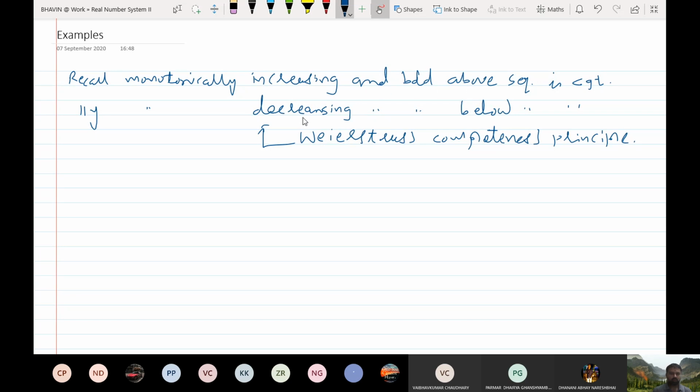Or you can also prove this way: first show the sequence is monotonically decreasing, and then show that it is also bounded below. So this is known as Weierstrass completeness principle. This is a very important concept to show the convergence of a sequence.